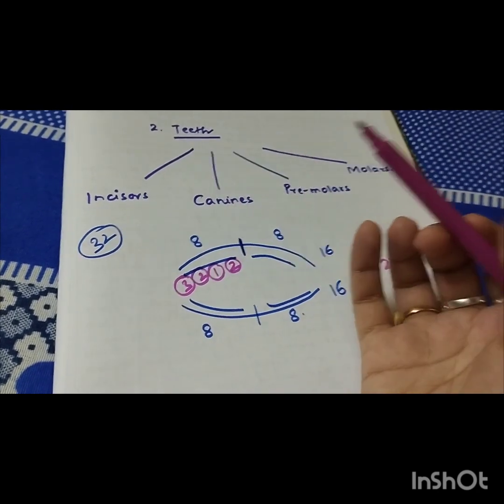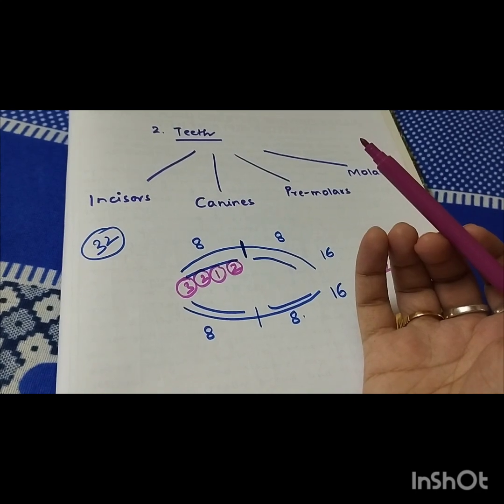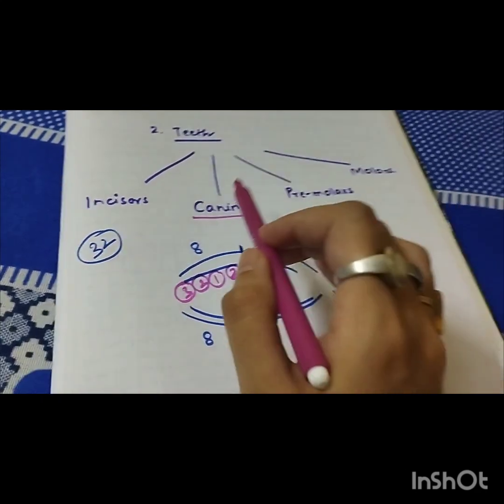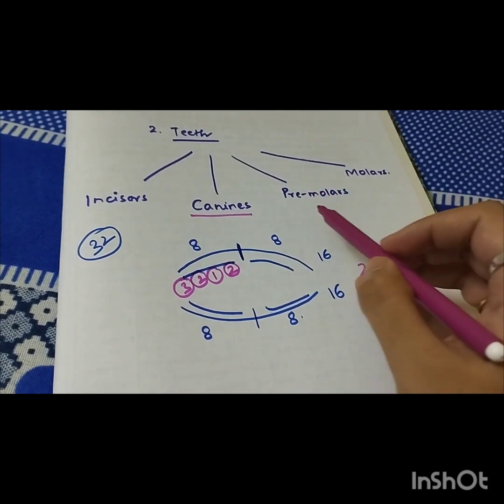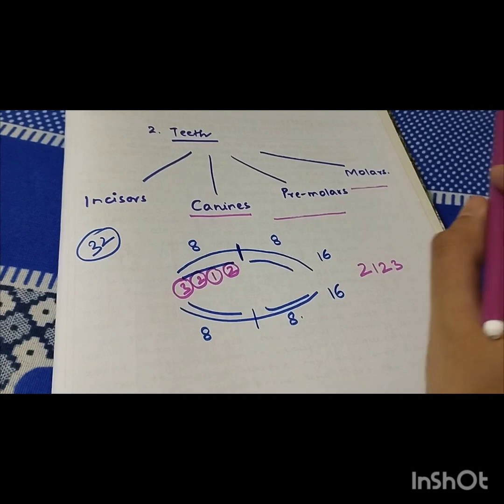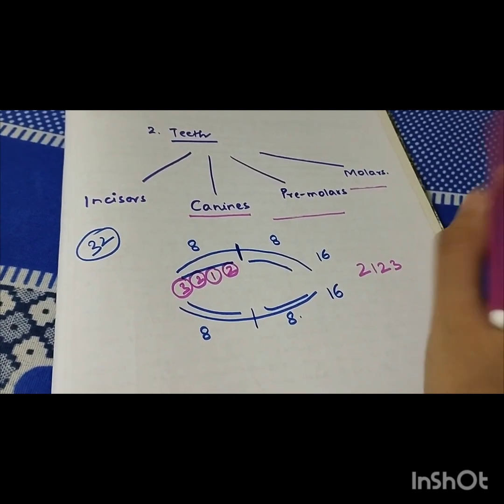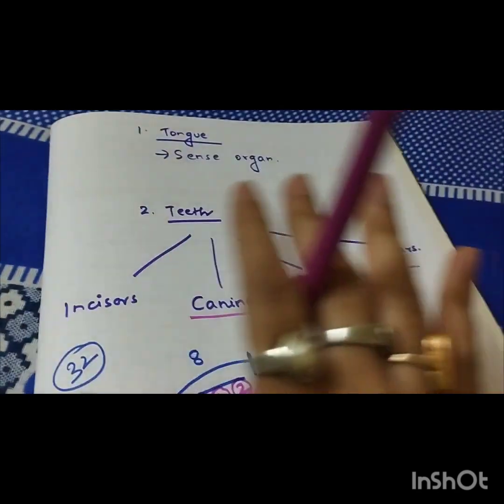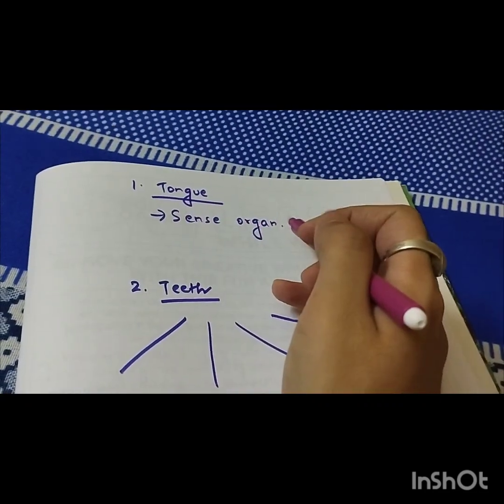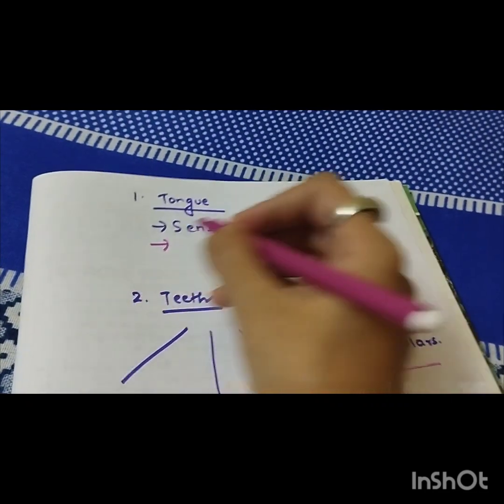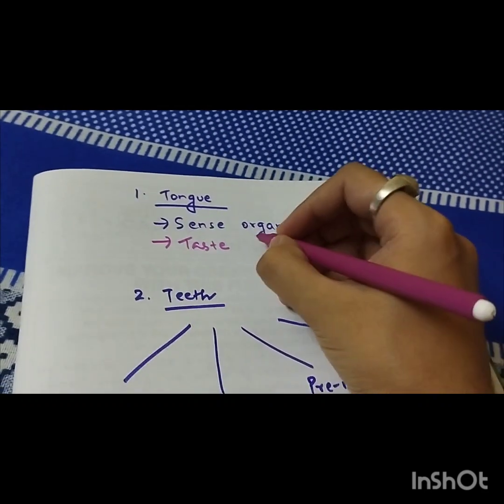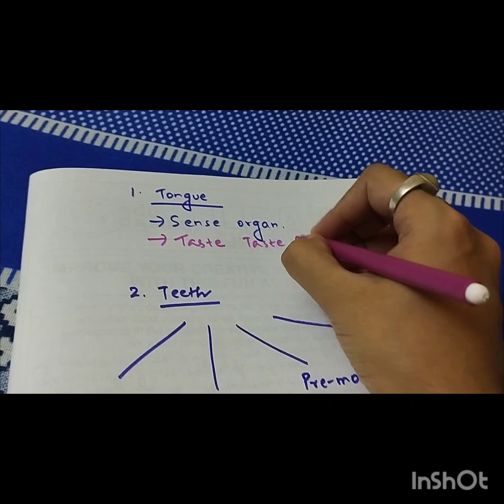Every carnivorous animal, for example a tiger or lion, has very well developed canines. They help in tearing the flesh. Now premolars and molars both have the same function, grinding of the food. Okay, so the function of teeth is done. Tongue is a sense organ, as I told you earlier. It helps in taste because it contains taste buds.